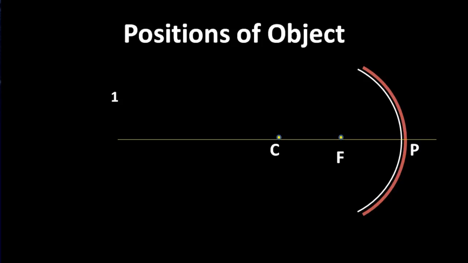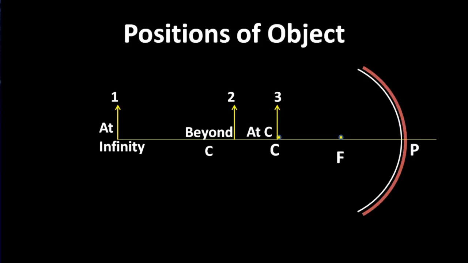The first position is when the object is kept at infinity. The second position is when the object is kept beyond center of curvature. The third position is when the object is kept at the center of curvature.